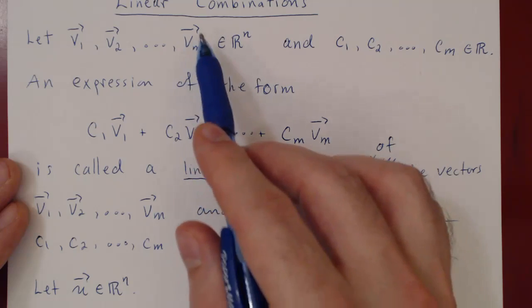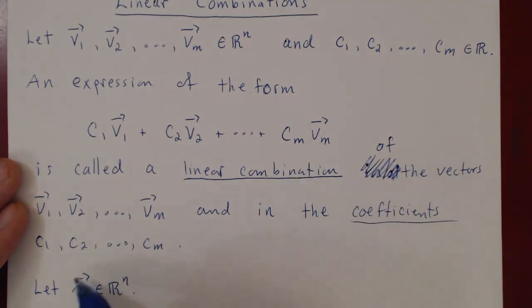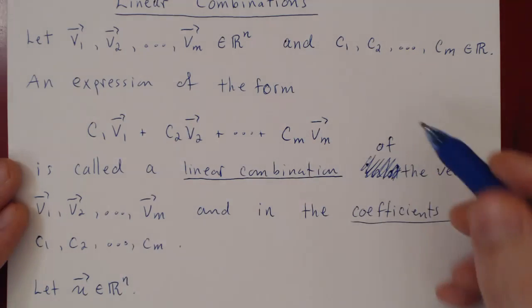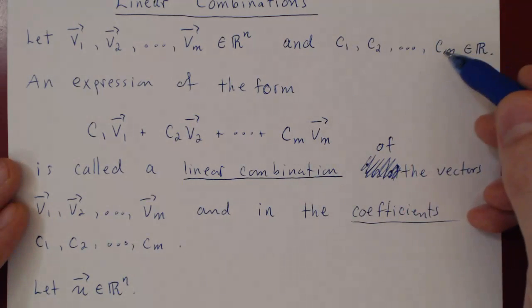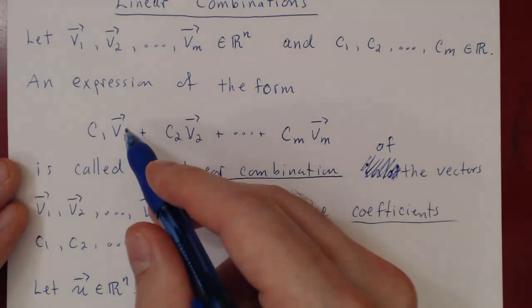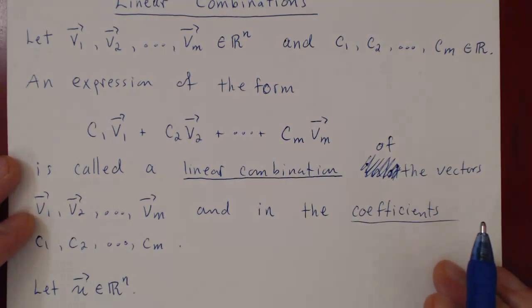Given another vector u in Rn, by choosing the coefficients carefully, will you be able to express u as c1 times v1 plus c2 times v2 up to cm times vm?